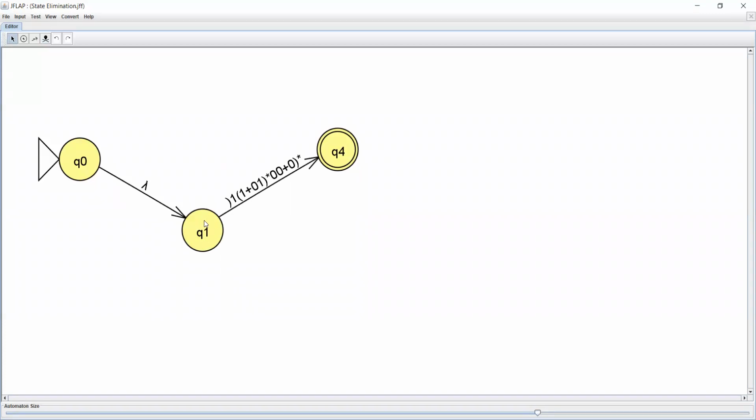Once you do the concatenation, there will exist only one transition in between these two, which is nothing but 1 into (1 plus 00)* into 0 whole star.